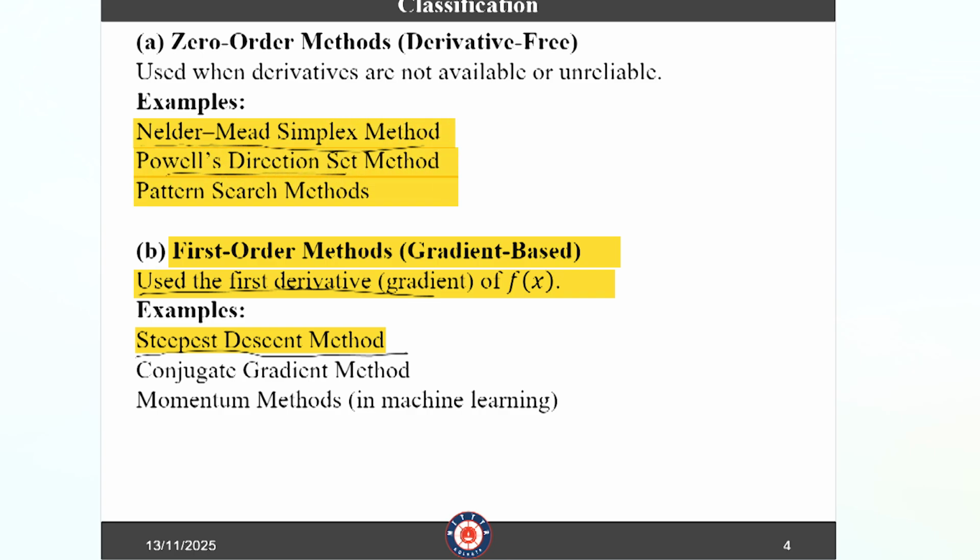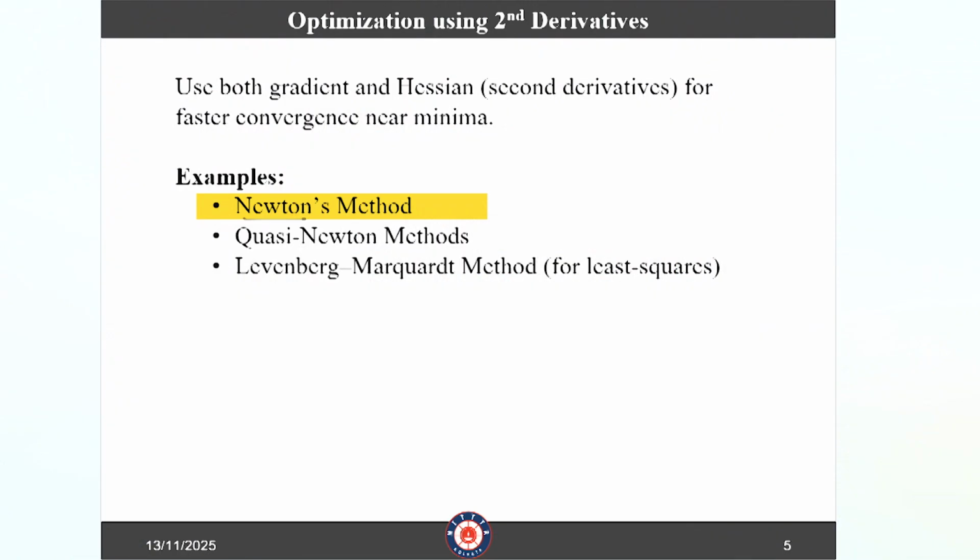There are many techniques in optimization, of course. These are called derivative free or zero order methods. Others use the gradient and Hessian matrix for faster convergence near the minimum value, that means Newton's method, quasi-Newton methods, Levenberg-Marquardt method for least squares also.